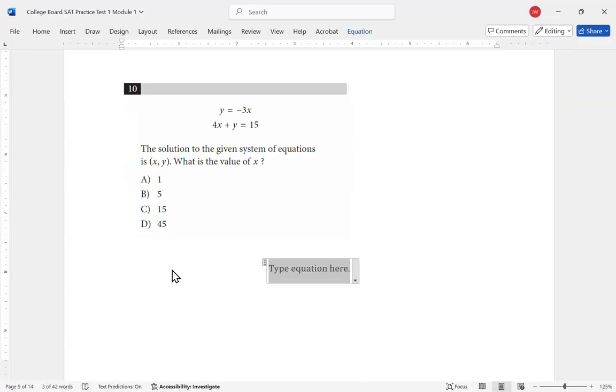And the way I would do this, since we have y is equal to an expression in x, I'll use the substitution method where we have 4x plus y is equal to 15. And we're going to substitute out y for the expression negative 3x, or replace the y with a negative 3x.